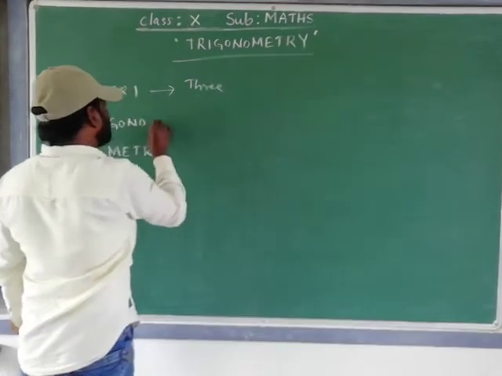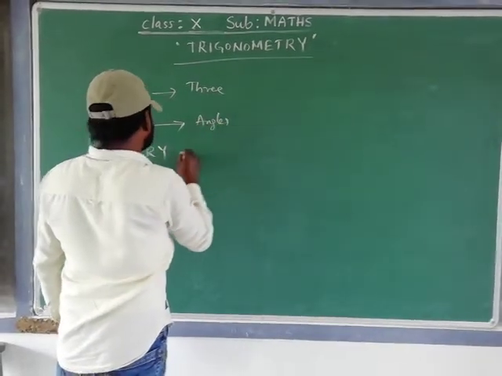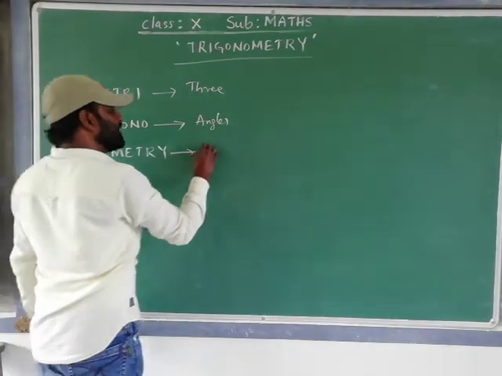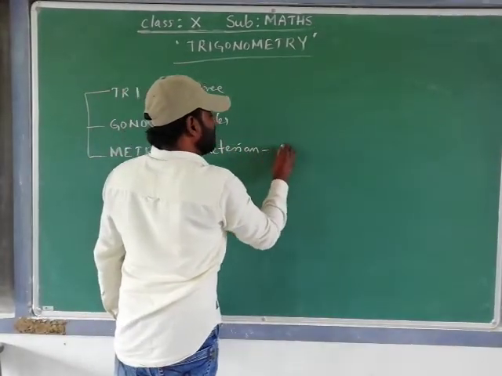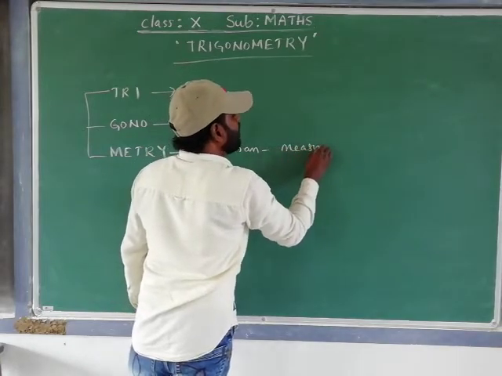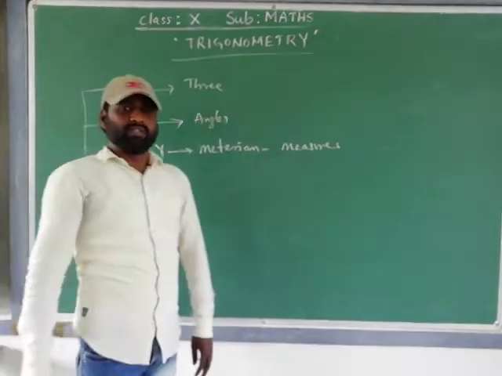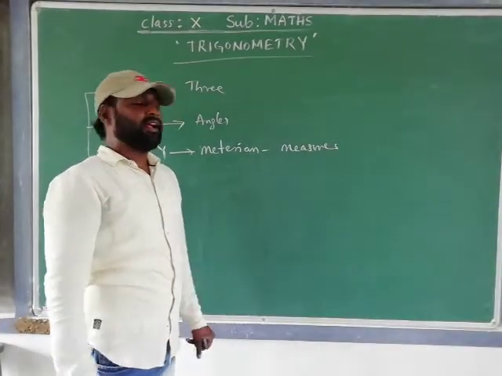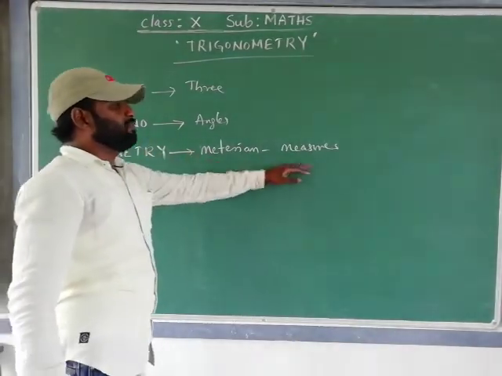Gono means angles. Metry, actually it is metron, which means measures. These 3 words are Greek words. In Greek, tri means 3, gono means angles, metry means measures.